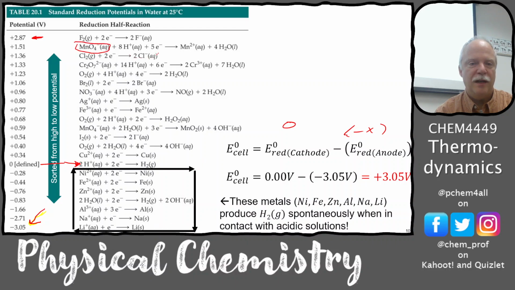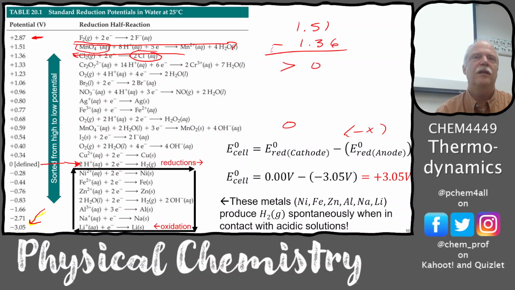If we put that in contact with chloride ions, this top reaction goes forward, this bottom reaction goes backwards, and I have 1.51 minus 1.36. It's greater than 0. It's positive, so it's a positive cell potential. You see how that's a clockwise pairing of two reactions in this table? The top one goes to the right, the bottom one goes to the left, and I end up with a positive cell potential.